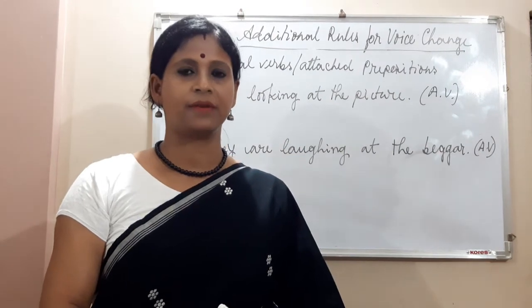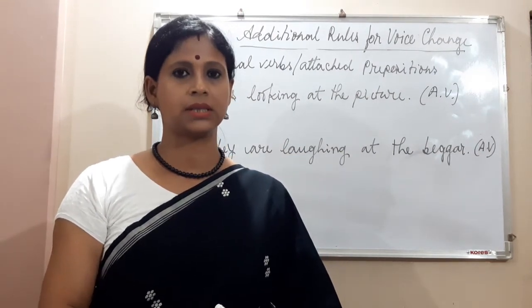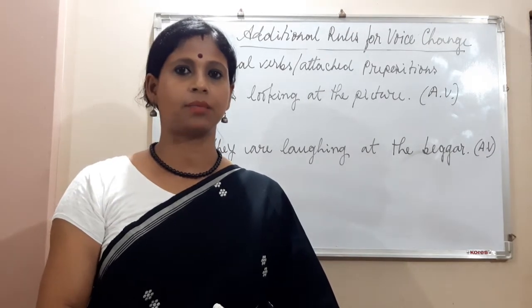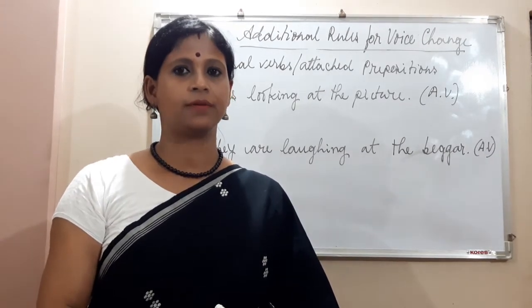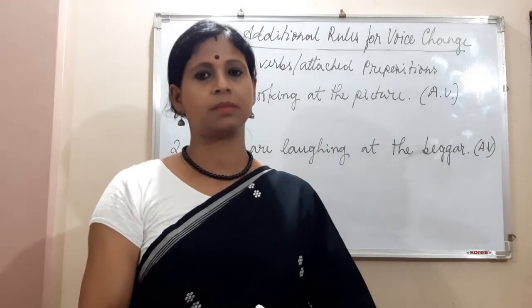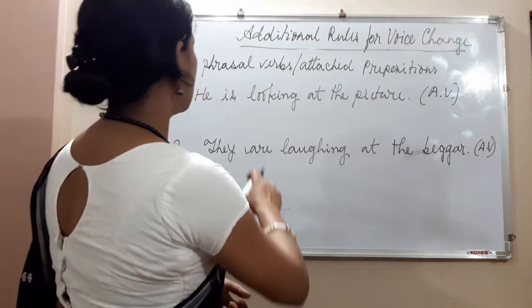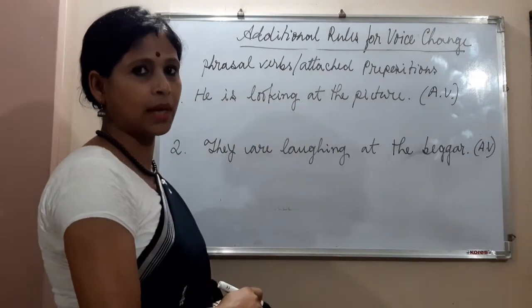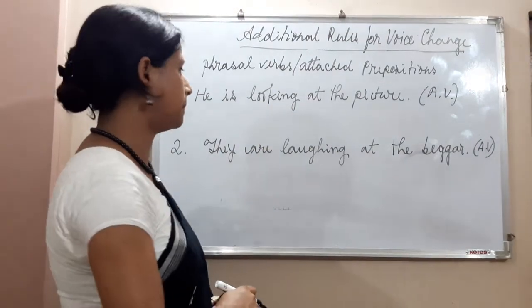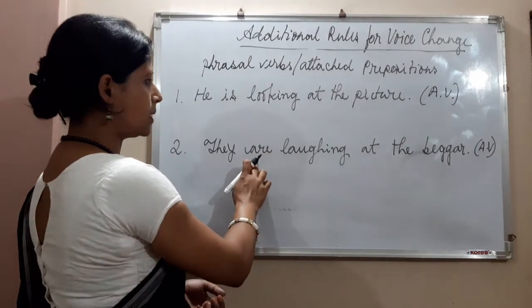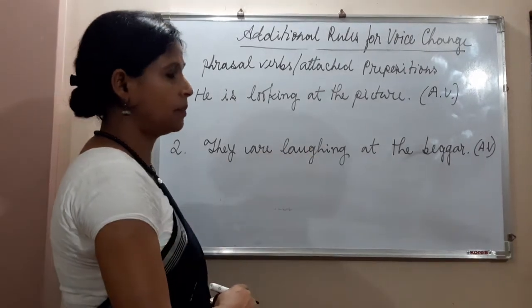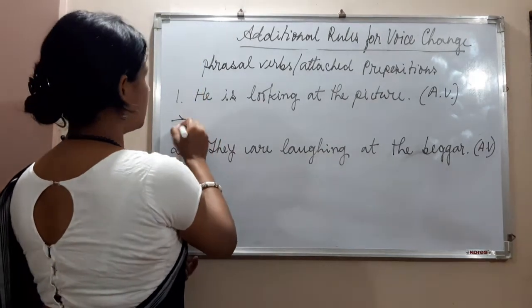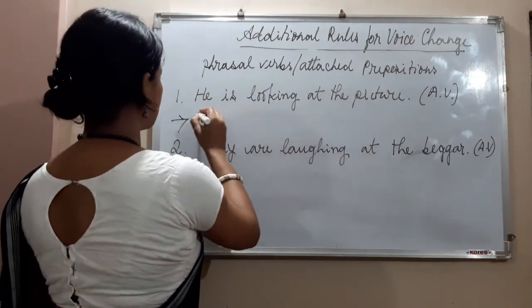There are some phrasal verbs, or we can say attached prepositions also here, where we cannot separate the preposition from the verb. For example, these sentences. He is looking at the picture. So look at is a phrasal verb. And the second sentence, they are laughing at the beggar. Laugh at is also like that. So here we will write, he is looking at the picture.